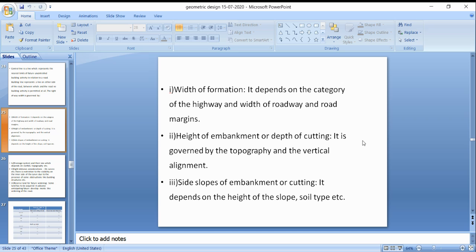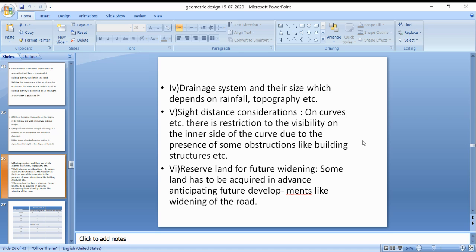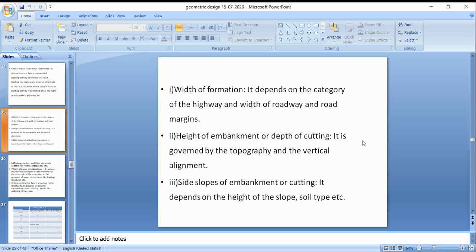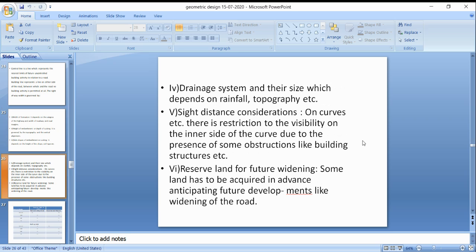Next comes side slopes. The side slope of the embankment depends upon the height of the slope and the soil type. This is also an important factor considered. The drainage system we have already discussed, and its size depends upon the rainfall. So for right of way, the factors involved are width of the formation, height of embankment, side slopes and drainage system, and we also consider side distance.